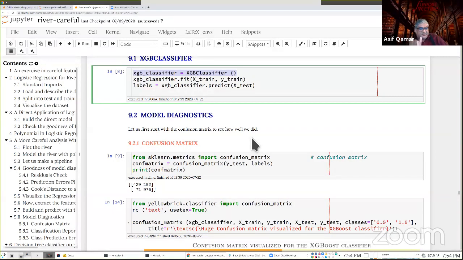Logistic regression directly, logistic regression with polynomial terms, linear discriminant analysis, quadratic discriminant analysis, decision trees, random forest, boosting, where you have XGBoost and we'll do gradient boosting and CatBoost, right? Support vector machines. How many did we count? Roughly about 10.